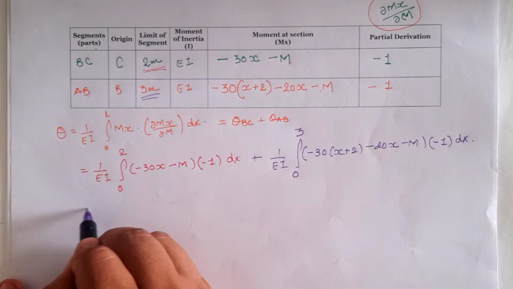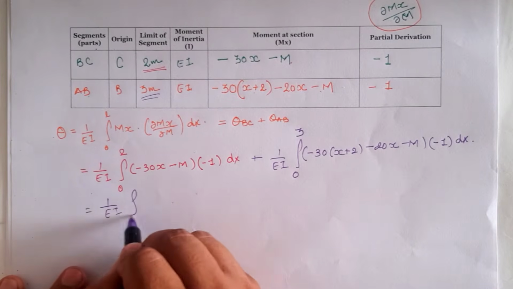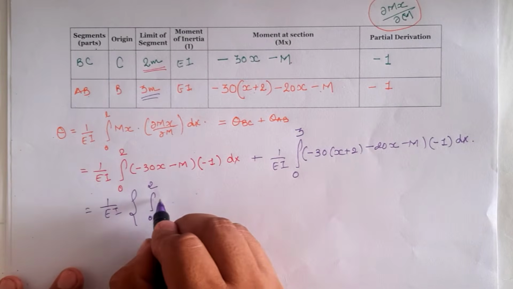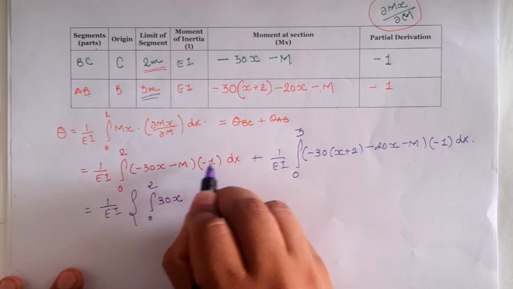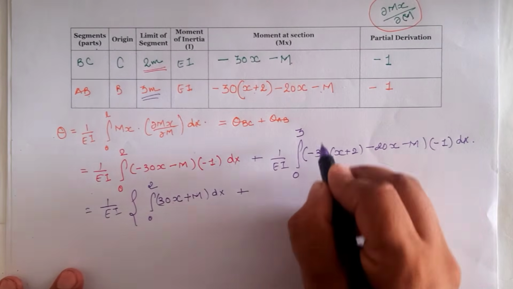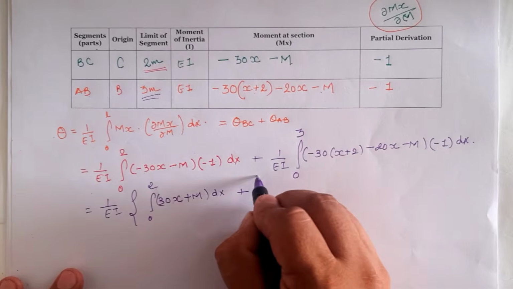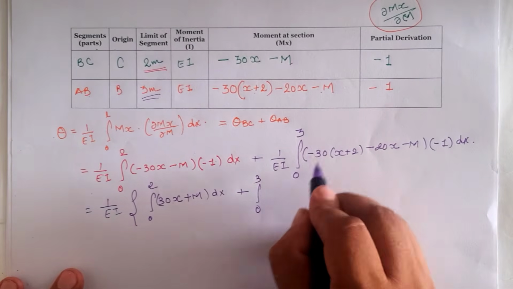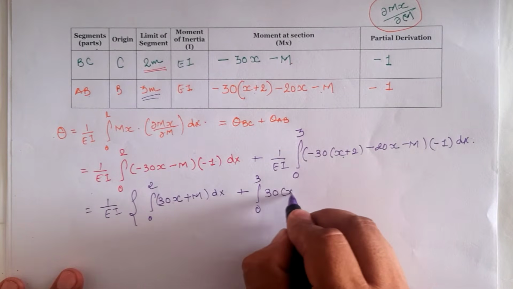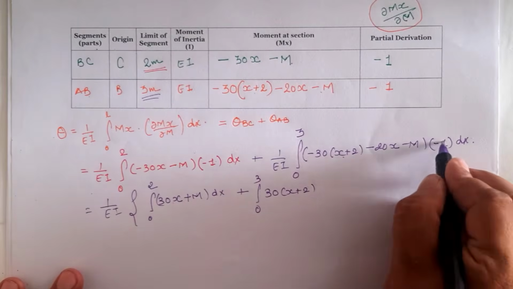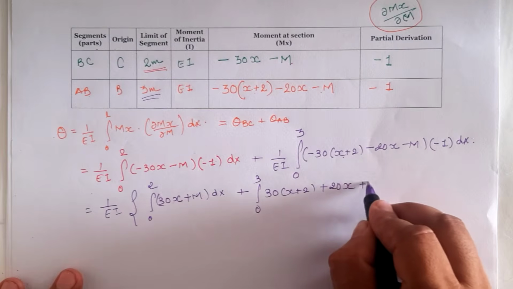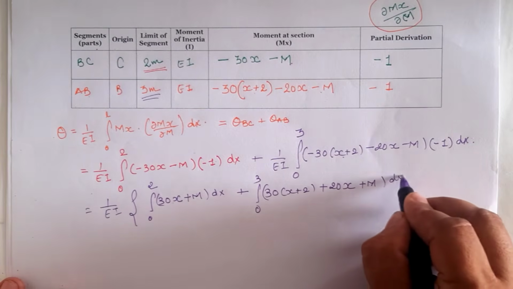Now solving these terms, we will have 1 by EI as a constant, 0 to 2, minus 30x into minus 1 as 30x, minus M into minus 1 as M, into dx, plus for the rest term it is 0 to 3, minus 30 into (x plus 2) into minus 1 as 30 into (x plus 2), minus 20x into minus 1 as plus 20x, minus M into minus 1 as M, dx.